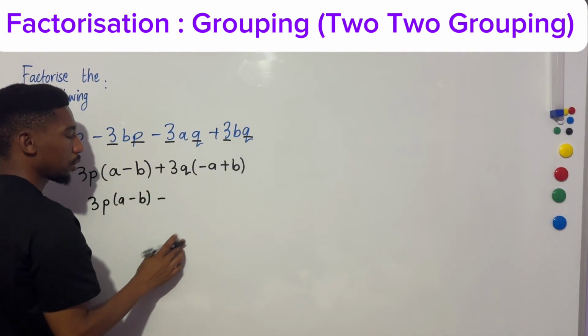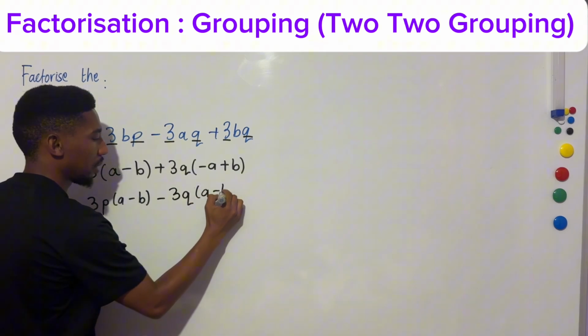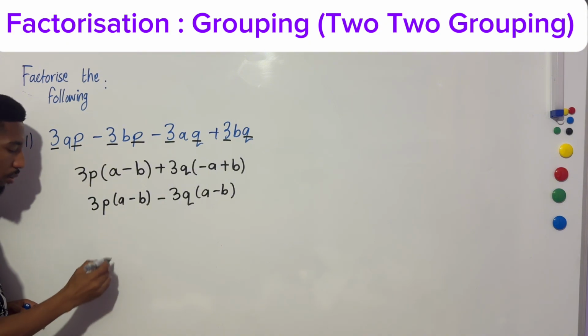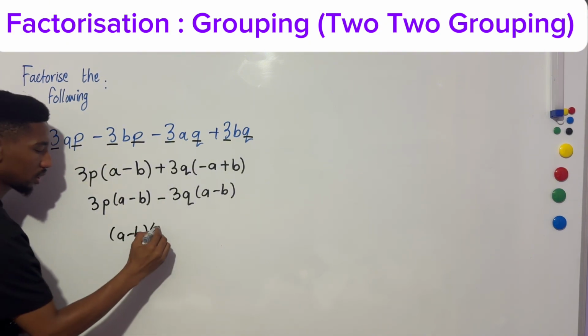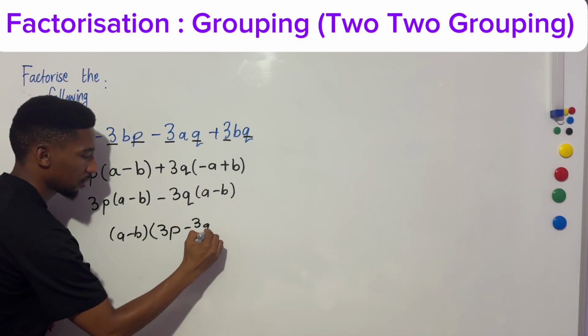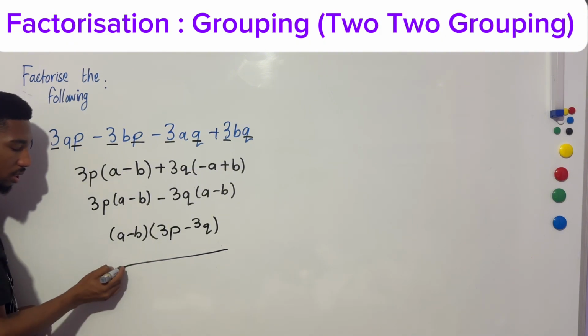Now we have minus because we took out the negative, 3q(a minus b). Now we have common brackets. We take out the common bracket, a minus b, and what's outside is 3p minus 3q. And then we are done.